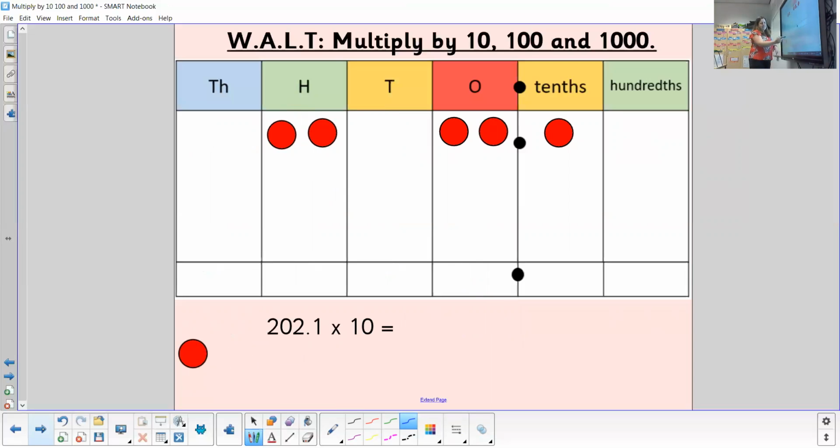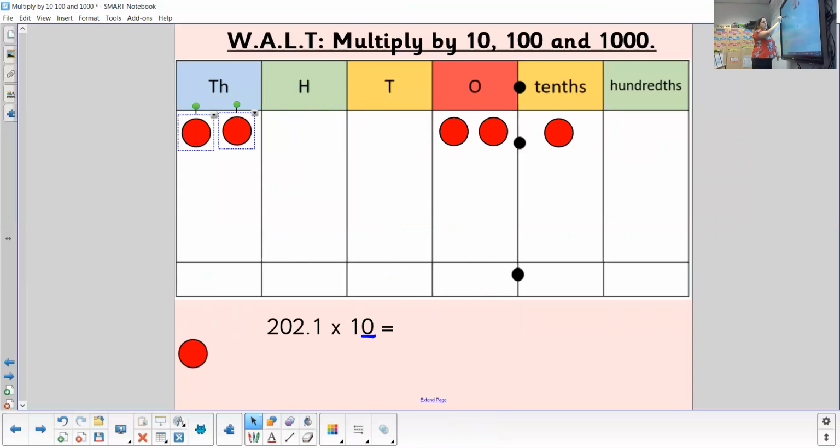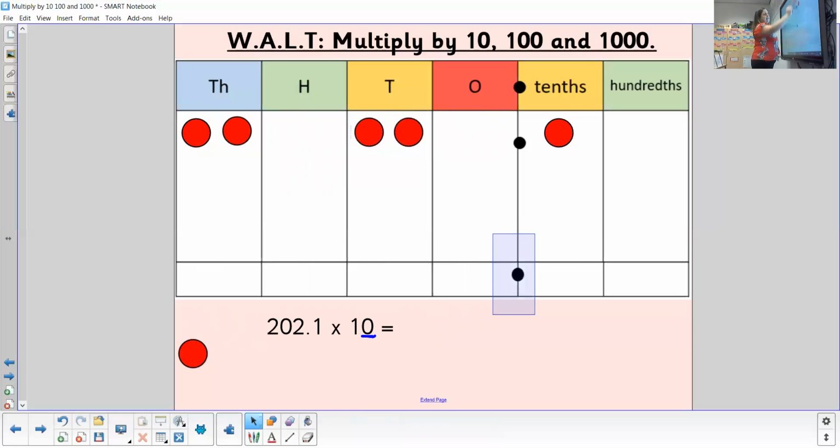202.1 times 10. There's 1 zero, so I'm moving them 1 space. So I'm going to get this 2, move 1 space, get this 2, move 1 space, and get that 1 and move 1 space.